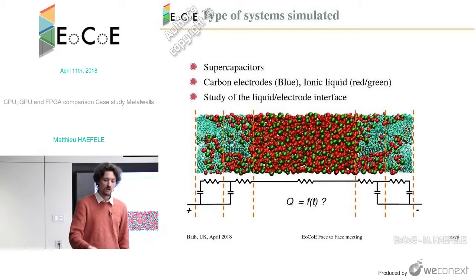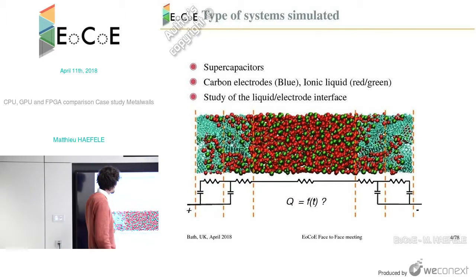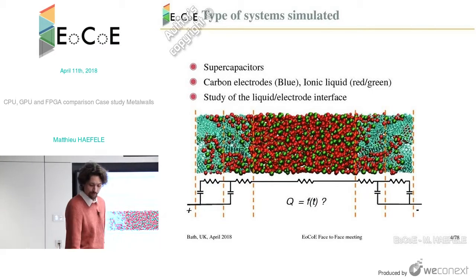It helps experimentalists understand their measurements. And this device, at the end of the day, is to store energy: you can put some energy in the system, you unplug, and then when you plug it again, the supercapacitor can give the energy back.